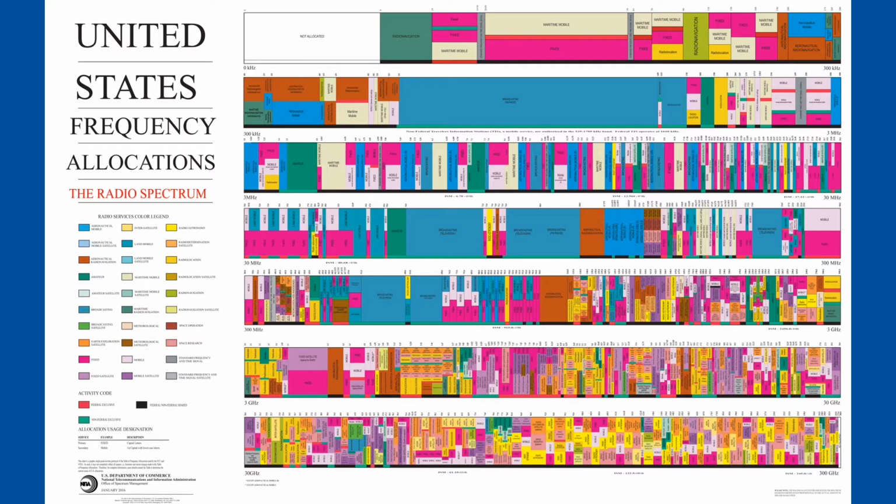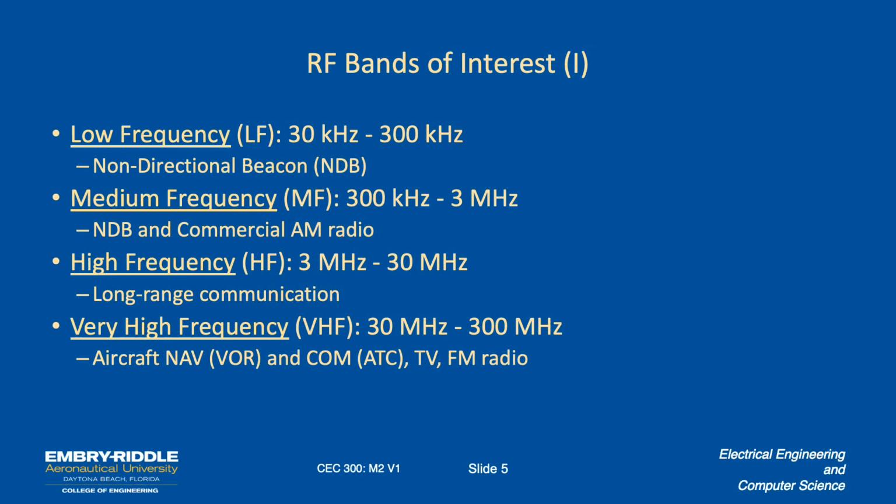So let's look at what some of these bands or basic frequency ranges are and where some of the applications within those are. For low frequency and medium frequency waves, we have the non-directional beacon, and then we also saw that big chunk for commercial AM radio there. High frequency is used for long-range communication, and then we get into some more navigation like VOR in the very high frequency.